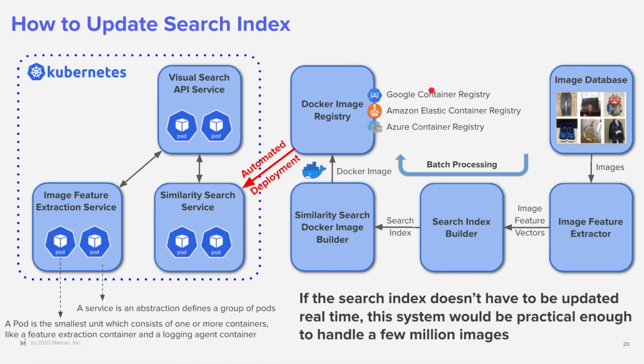Such a registry is available in the major cloud services. When the Docker image is updated, the image is deployed automatically to the Kubernetes cluster. If the search index doesn't have to be updated real time, this system would be practical enough to handle up to 10 million images.